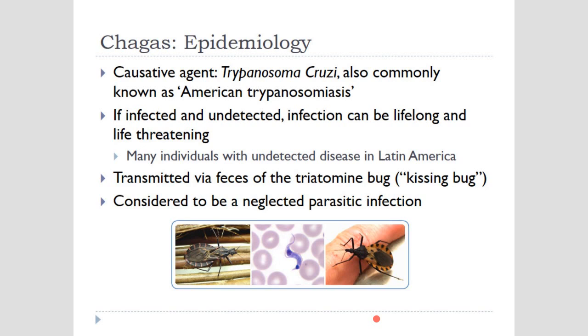It is transmitted via feces, and we have a triatomine bug. You can see from here, I think it's very clear. This is also known as the kissing bug. So it's going to kiss you and give you the surprise.